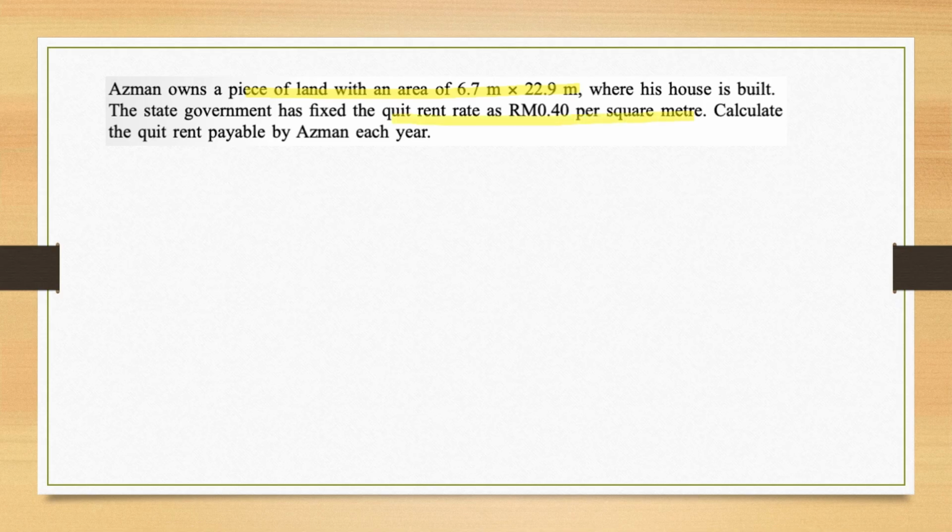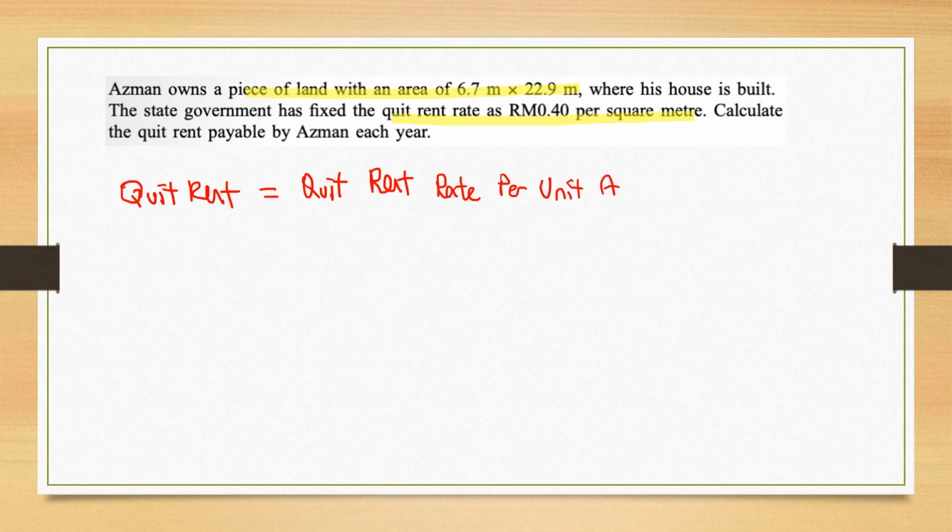Quit rent equals, you remember the formula, quit rent rate per unit area times total land area, or TLA, total land area.